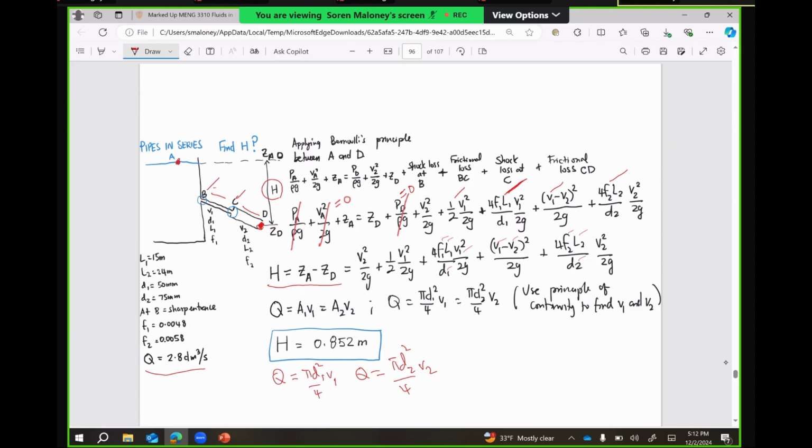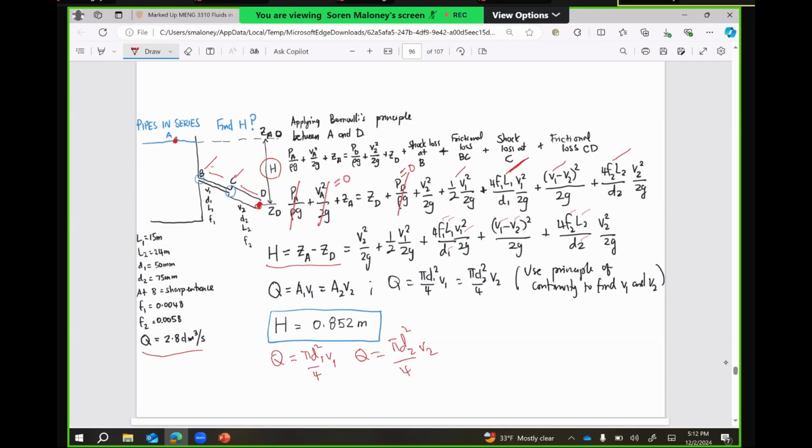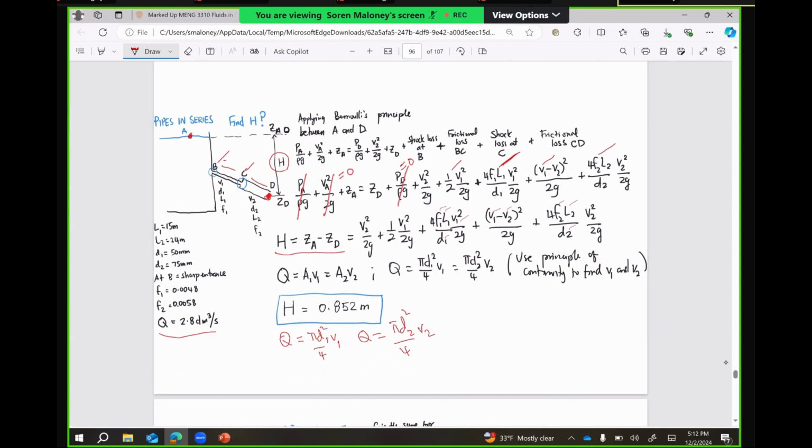So if you find yourself running into problems, more than likely you're not using the continuity principle, or you need to use it to help you get out of a jam. And you'll see how it comes in handy later on when we start looking at branching systems.